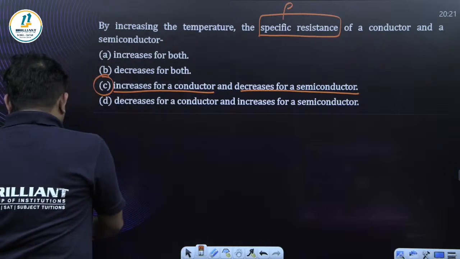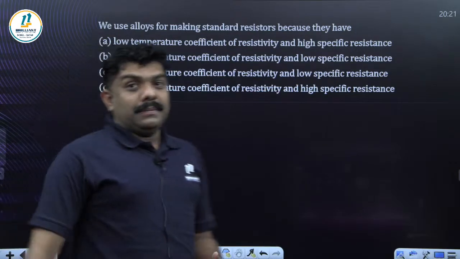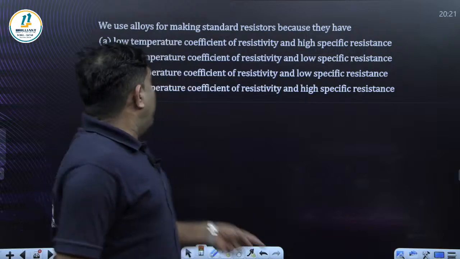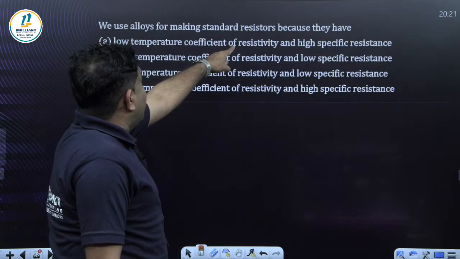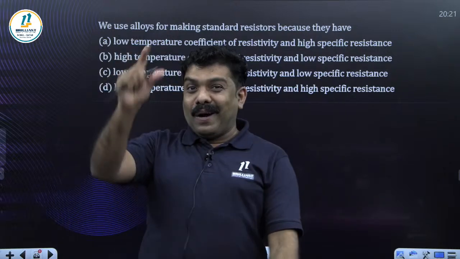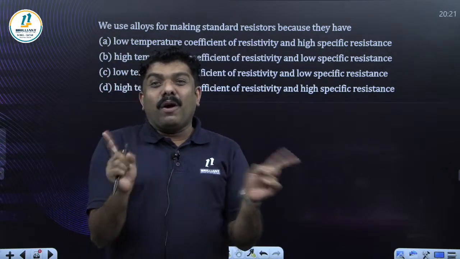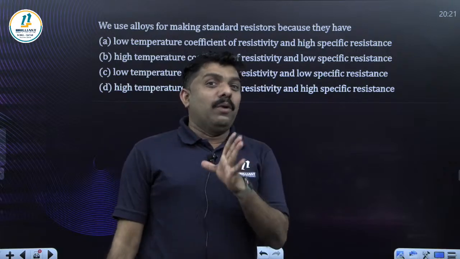Now the next question that we are trying, question fourth one. We use alloys for making standard resistors because... do you remember we said what standard resistors are made of? Manganese or constantan. They are alloys.